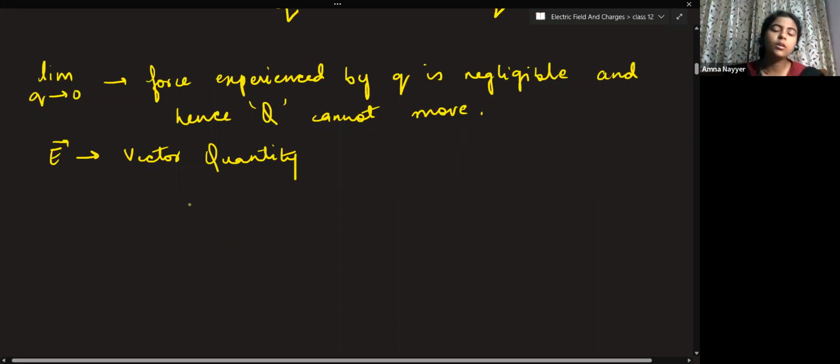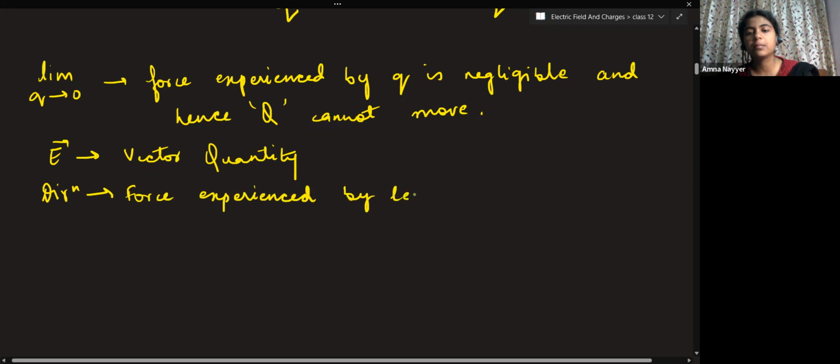We need vector laws or proper laws. So we will be studying the superposition principle, which will help us calculate the various electric fields which are present. Now see, vector quantities have direction as well as magnitude. Regarding the direction of this vector quantity, it is the same as the force experienced by the test charge.